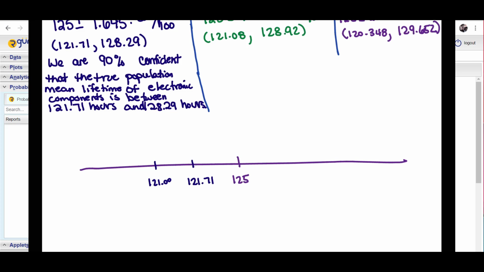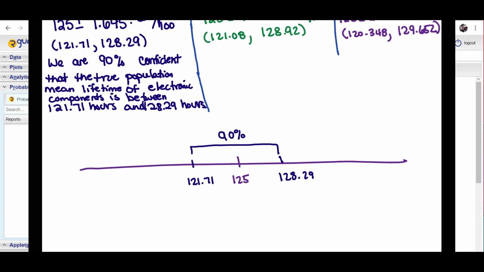Let me do a different color. And then the upper boundary for that would be 128.29. So you can see between here and here, this is your 90% confidence interval.